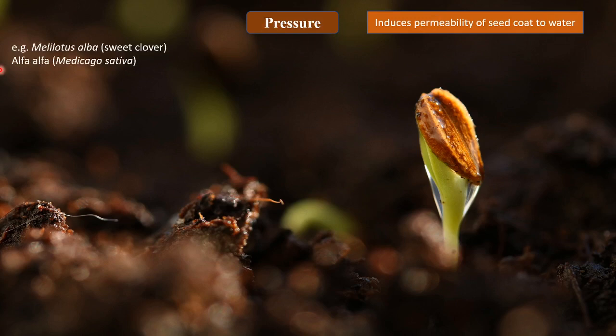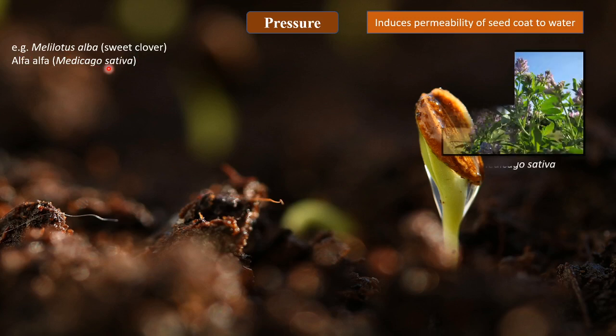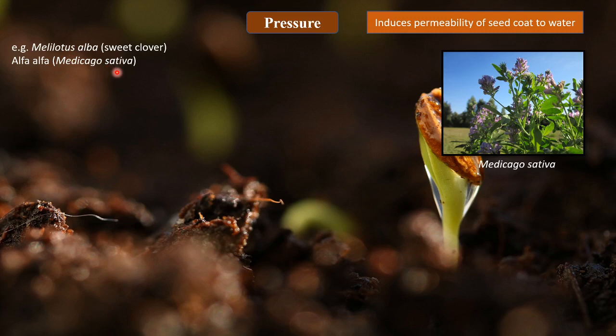So examples of plants whose seed dormancy can be broken are Melilotus alba, which is sweet clover, and alfalfa, which is Medicago sativa. So both of these plants belong to family Fabaceae, right?